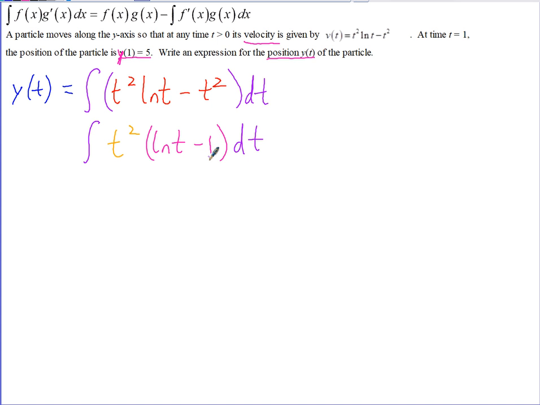So that's why we're going to set f of t in this case equal to natural log of t minus 1, and g prime, not of x but of t, equal to t squared.